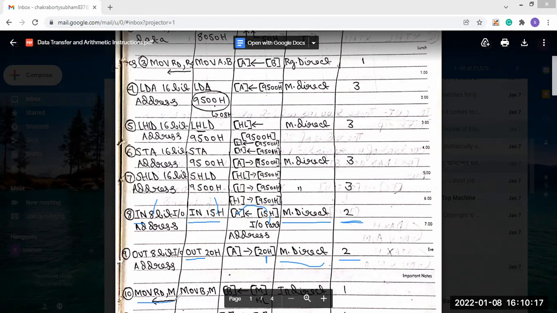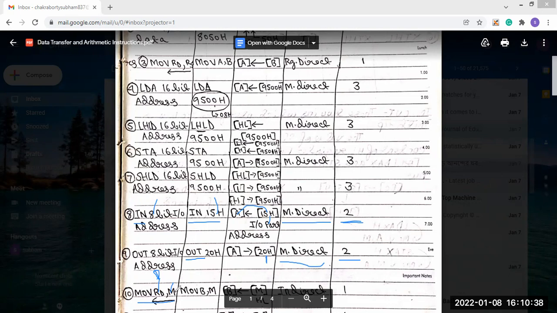Then MOV Rd, M. Now this is a general format of a move command. MOV Rd is the destination register, and M is the memory mention.